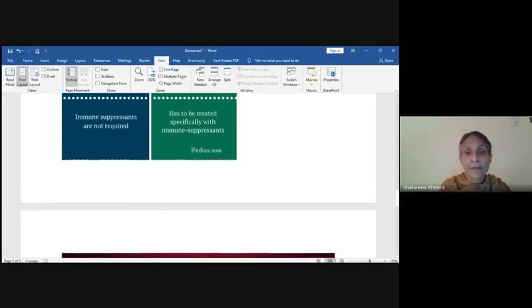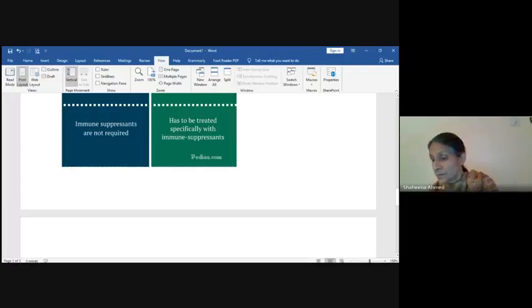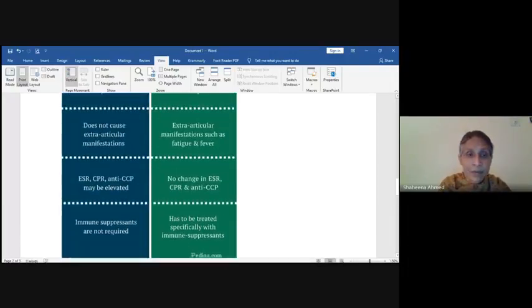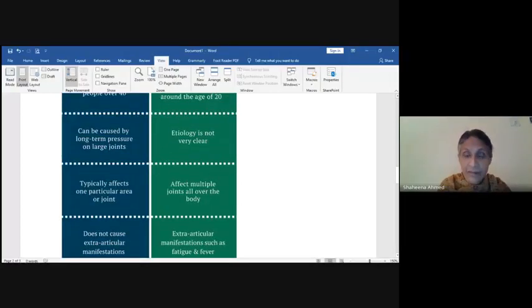Now let me add a few of my own. Let's see if we have covered all of these differences. We'll go back and I will reiterate these, because a lot of differences are given. Another thing, speed of onset. Where rheumatoid arthritis is concerned, it has a relatively rapid onset.